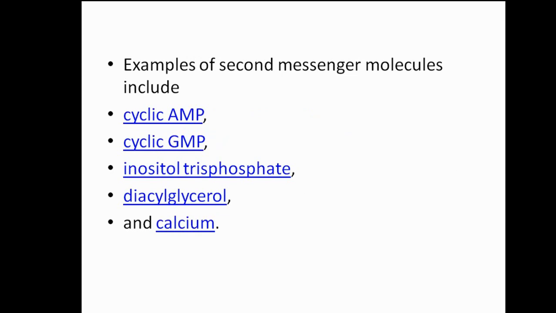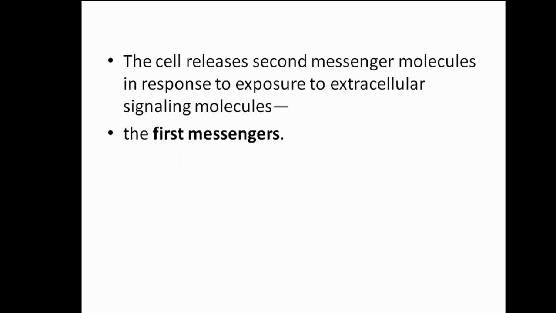The examples of second messenger molecules include cyclic AMP, cyclic GMP, inositol triphosphate, diacylglycerol, and calcium.